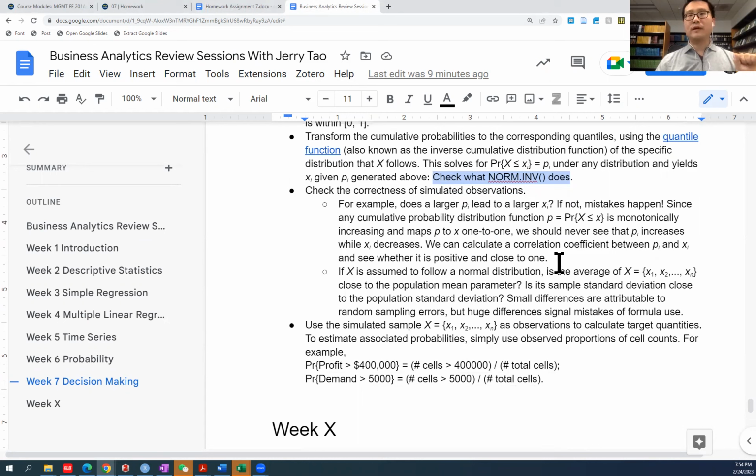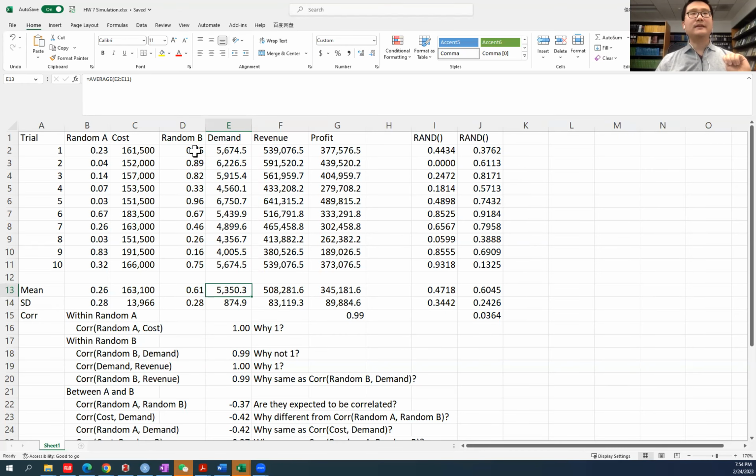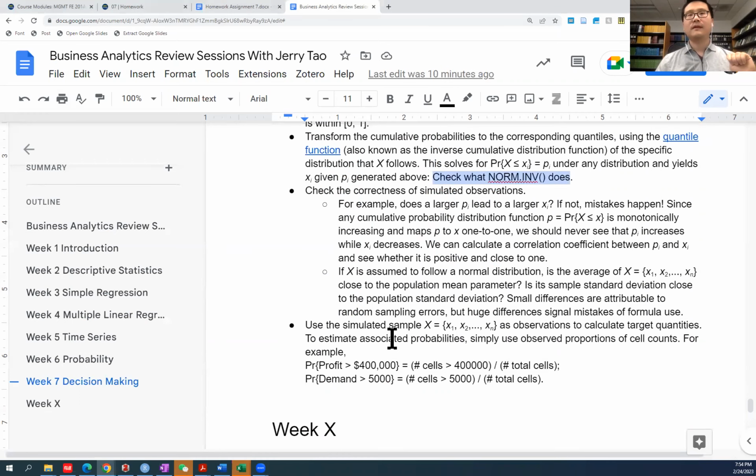If it's too far away from 5,000, then it's probably because we made some mistake. But in my case, based on the random numbers, when I calculated the demand, this mean is close to 5,000, and the standard deviation is close to 1,000. I consider that it's not too bad a simulation. That's how we can check the correctness of simulated observations.